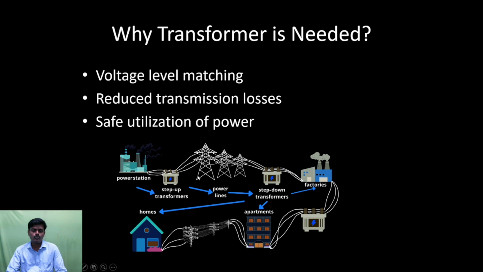That 11 kilovolts passes through the transmission line wherever we need. Then I reduce it to my level by means of the step down transformer, and from the step down transformer I can use the voltage wherever I need. So this is the simplest map of the need for a transformer.